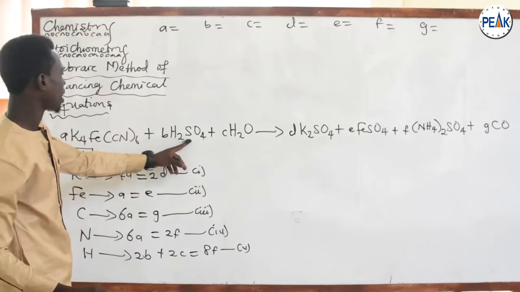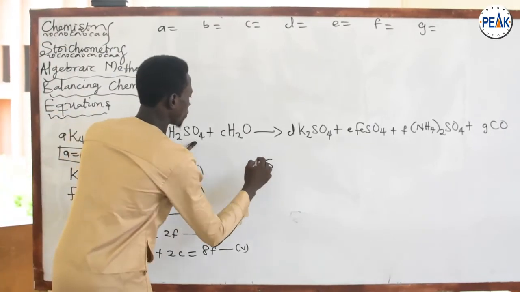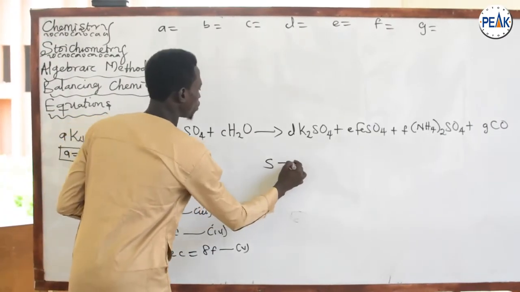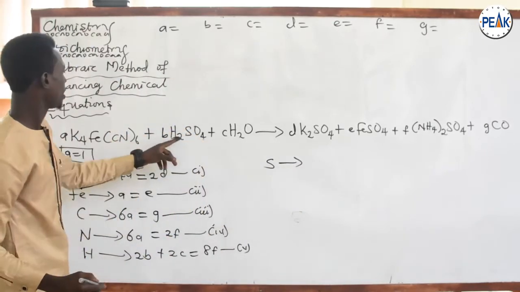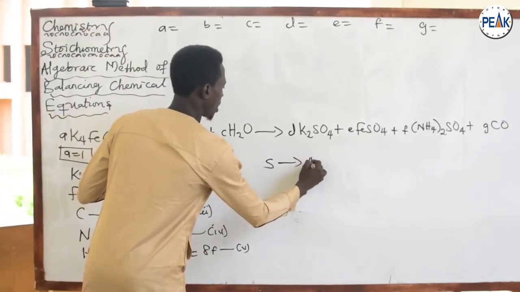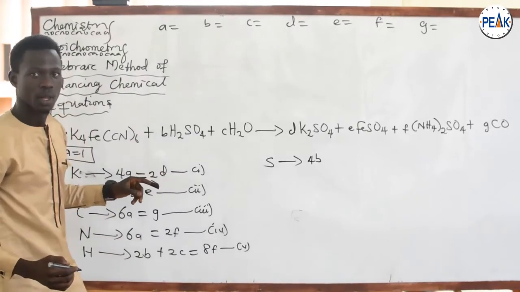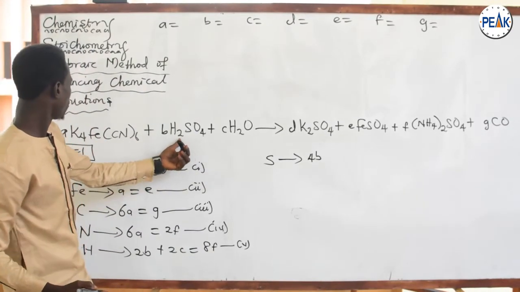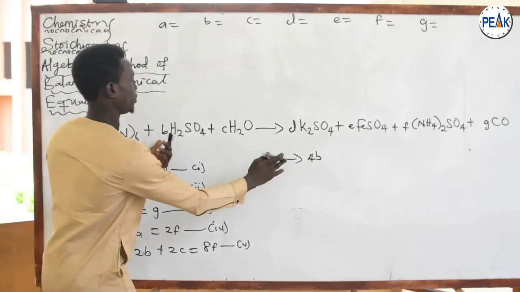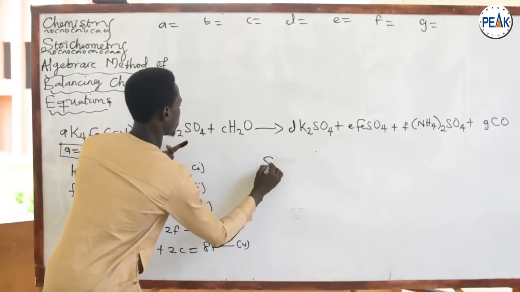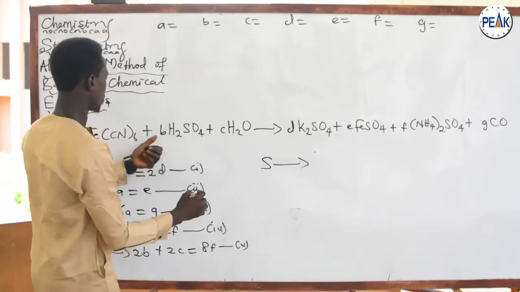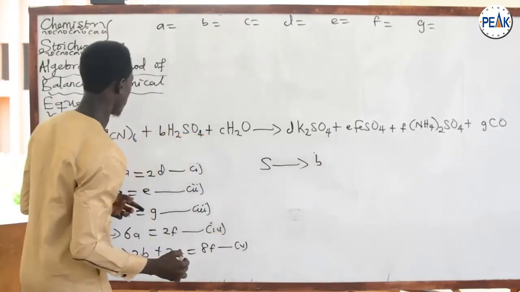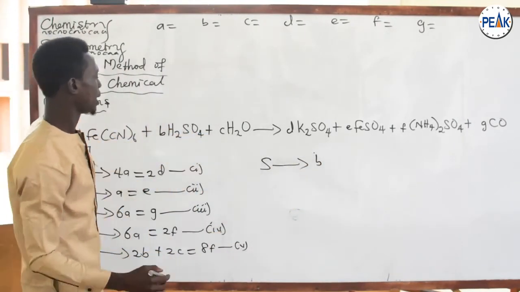So which other element? Sulfur. How many sulfur do I have on the reactant side here? I have 4B. I'm sure we are following. Now on the reactant side, for sulfur S, I have B moles of sulfur, and that's all.